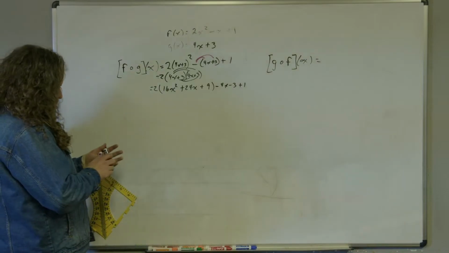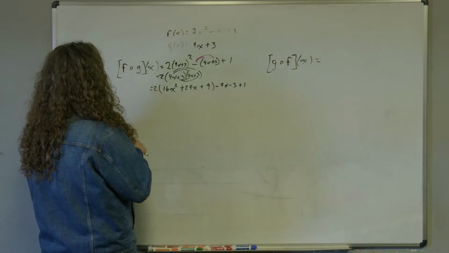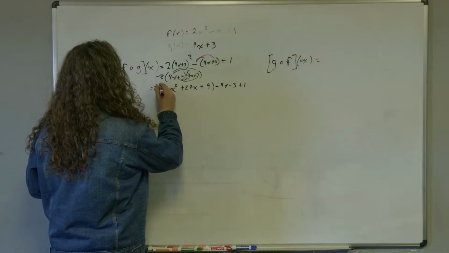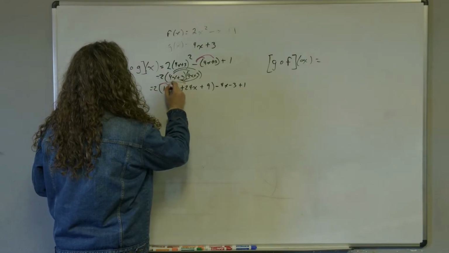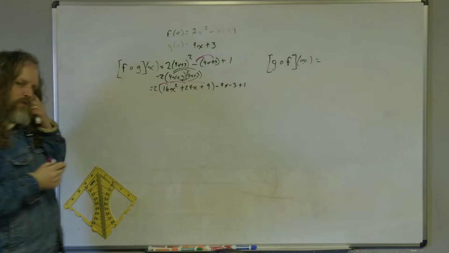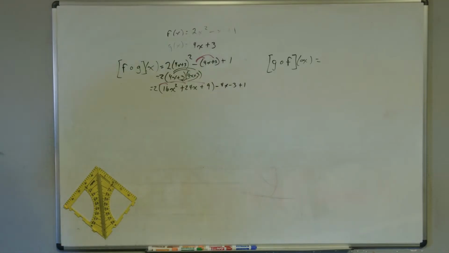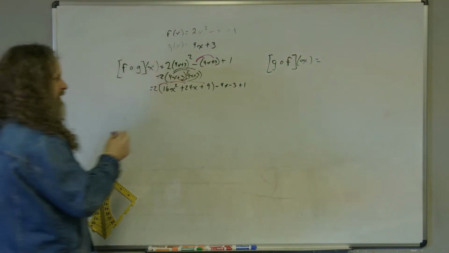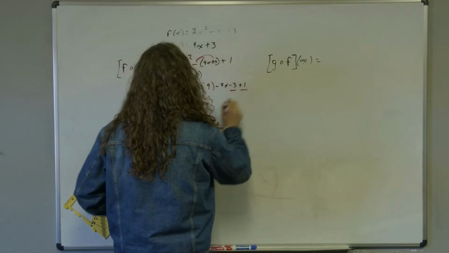All right. Distribute the 2 sounds lovely. I bet we could do one other thing. What's the one other thing we could do? Find negative 3 and 1 sounds good.